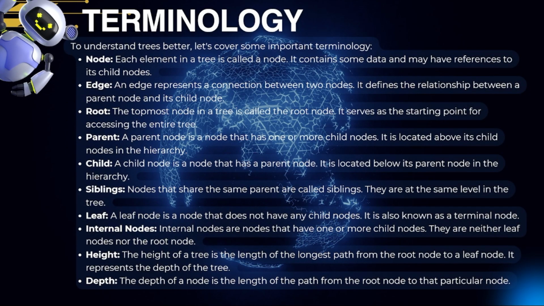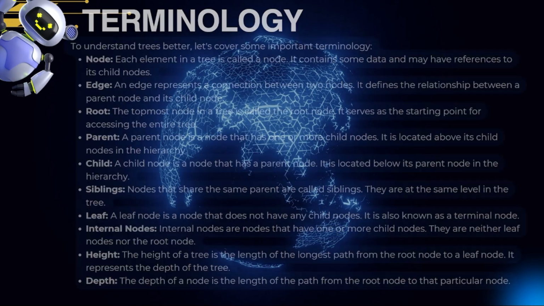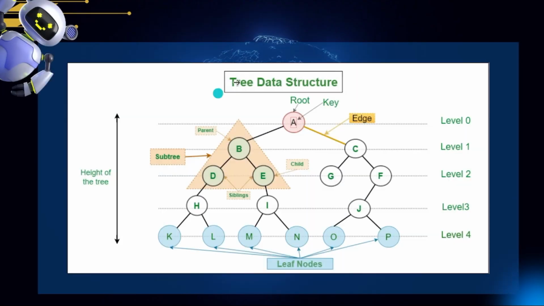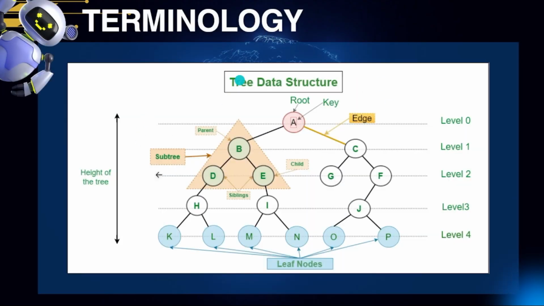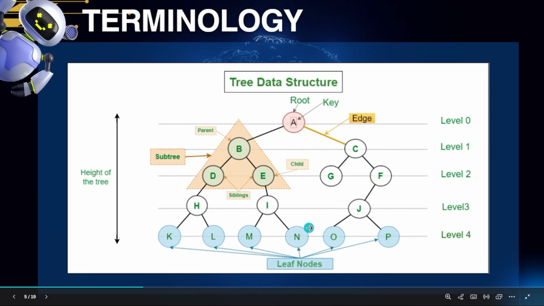So terminologies. To understand trees better, let's cover some important terminology. So node, each element in a tree is called a node. So naay picture here. So naay tree data structure, kana mao na siya ang node. Kani sila kani circle. So differ sa kani inyong nakita, naa sad na siya ay different names.